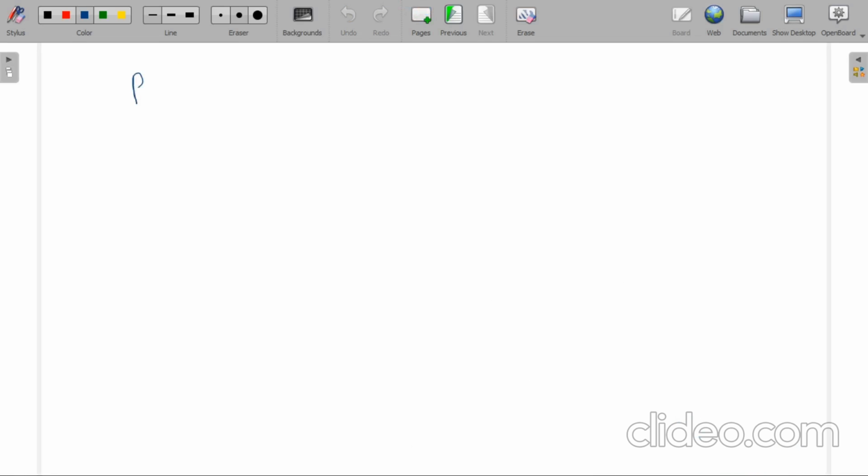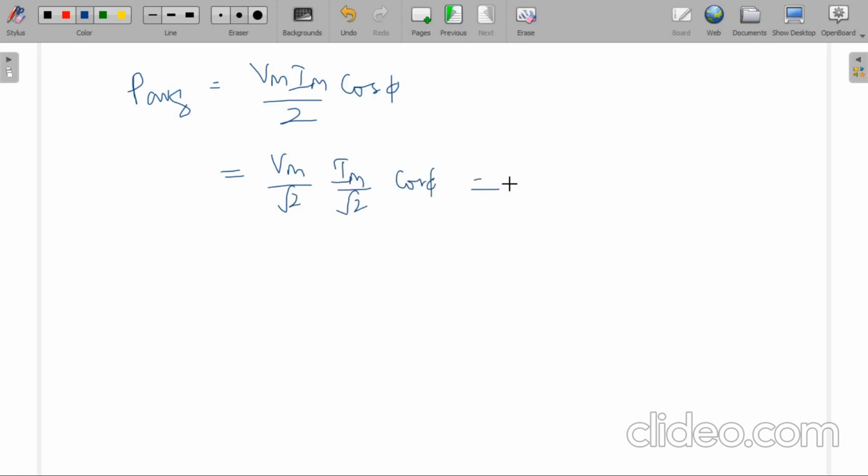That is, P average is equal to Vm Im by 2 cos phi, which equals Vm by root 2 into Im by root 2 cos phi, which is nothing but Vrms Irms cos phi.